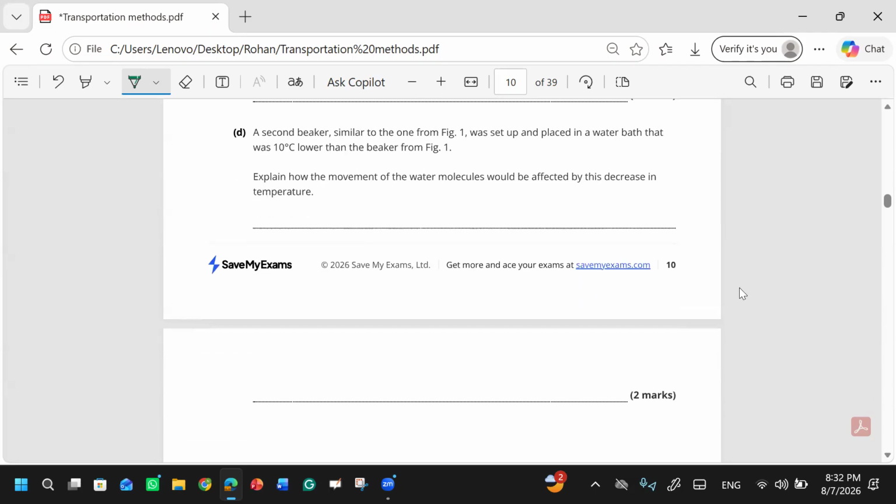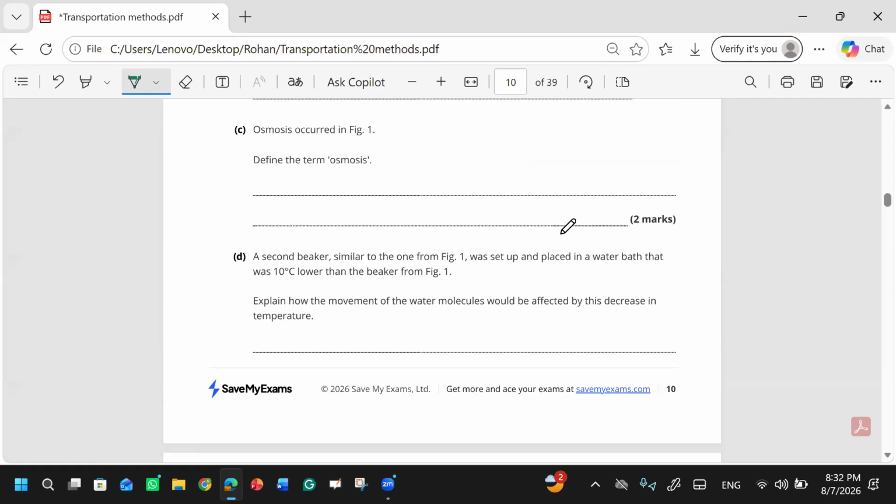A second beaker, similar to the one from figure 1, was set up and placed in a water bath that was 10 degrees Celsius lower than the beaker from figure 1. Explain how the movement of water molecules would be affected by the decrease in temperature.